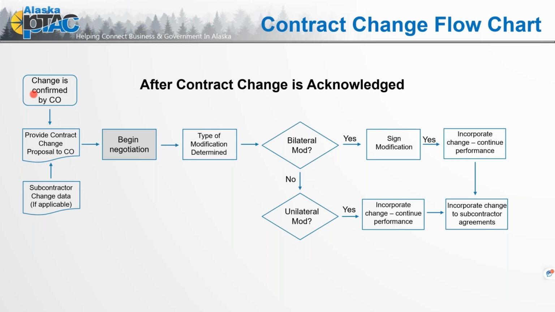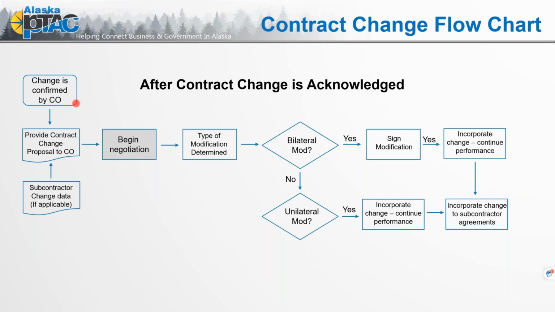Only the contracting officer has the authority to approve contract changes, especially if there's going to be a cost or a time delay. So any of that's going to impact that work production, you need to have that confirmation by the contracting officer, especially if there's going to be an impact to the price.